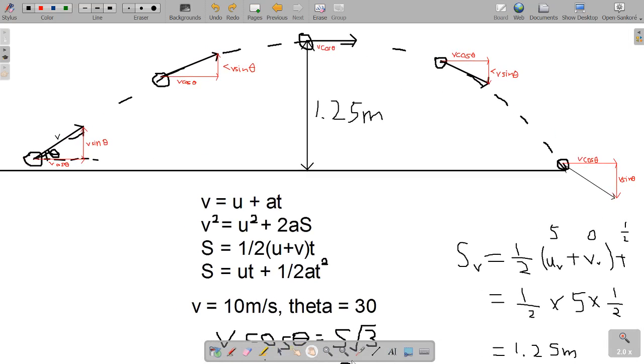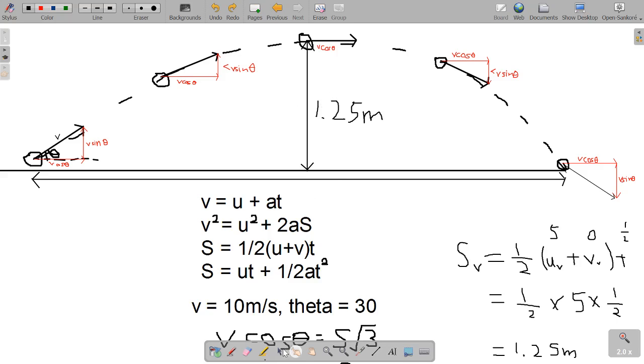So it's basically this distance, and here we are assuming that the elevation at which it is launched and the elevation at which it has landed is the same. Because of this we have symmetry.